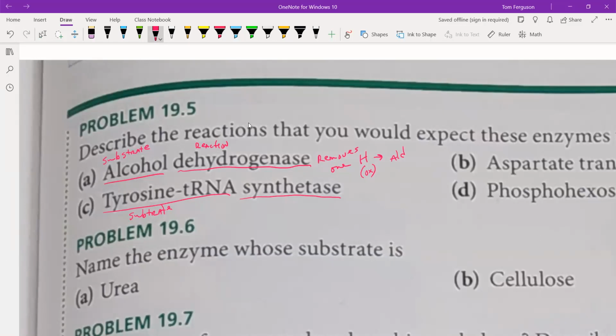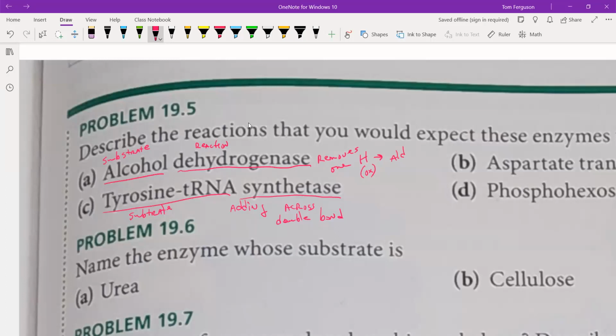Remember, the tRNA is made up of phosphoric acid esters with the sugar ribose. And what we're going to be doing is adding one of the double bonds or all the double bonds.